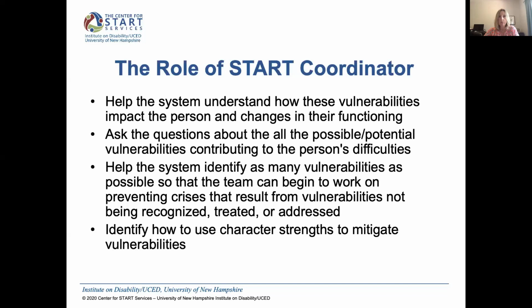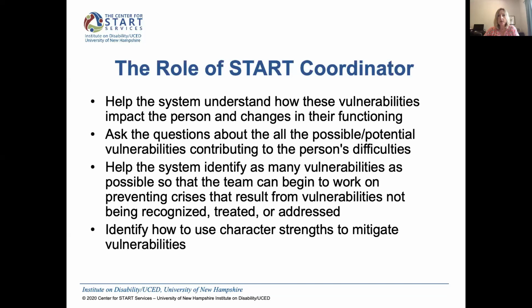And we also ensure that the START coordinators include a good understanding of character strengths, because we use this to help mitigate somebody's vulnerabilities. So when Jill was just talking to us about why it's so important to identify our own strengths, which helps us to identify other people's strengths, it becomes a sort of chain reaction.